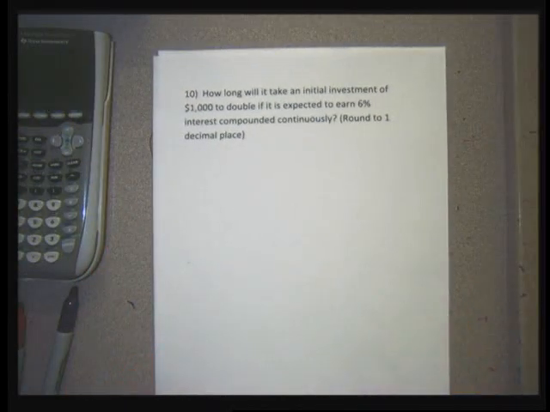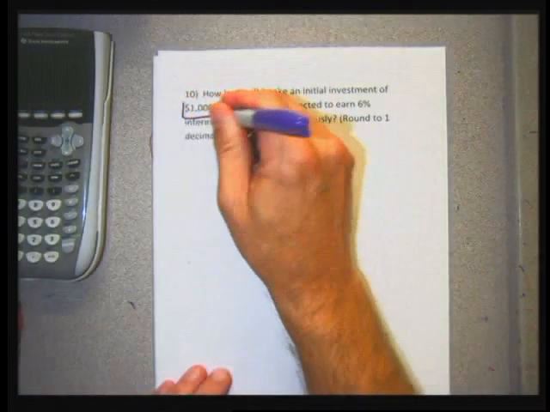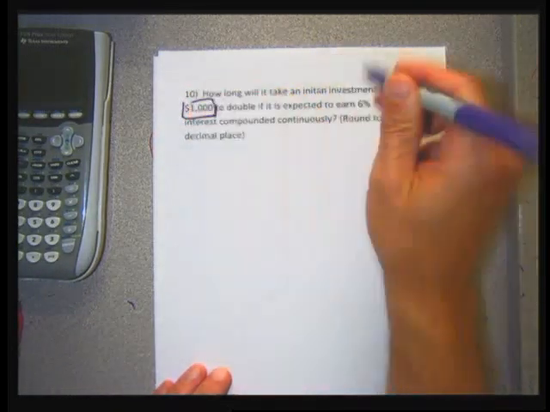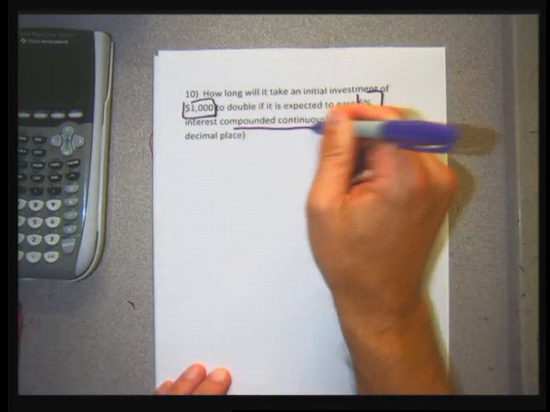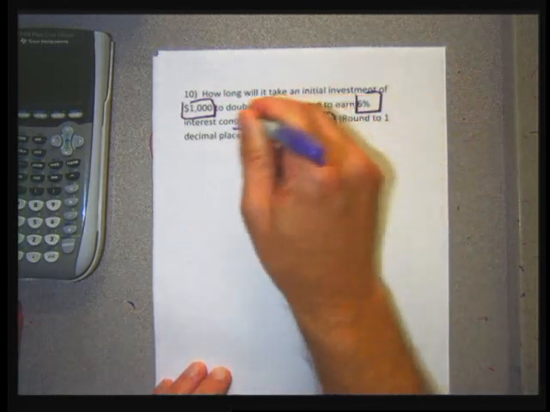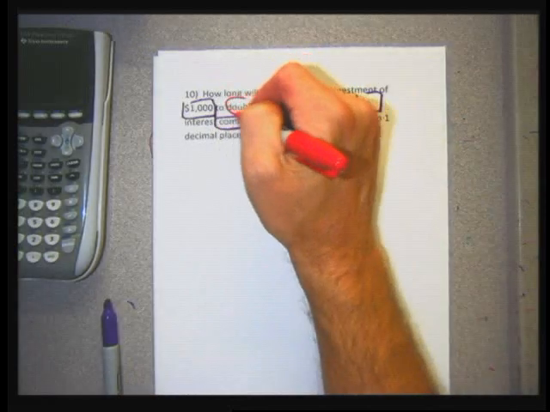So as I read through the problem, I start to look for key numbers and key words. And always, dollar amounts are important. Interest rates are important. The word after the compounded is important. And in this problem, there's a sneaky word that's important, and it's the word double.